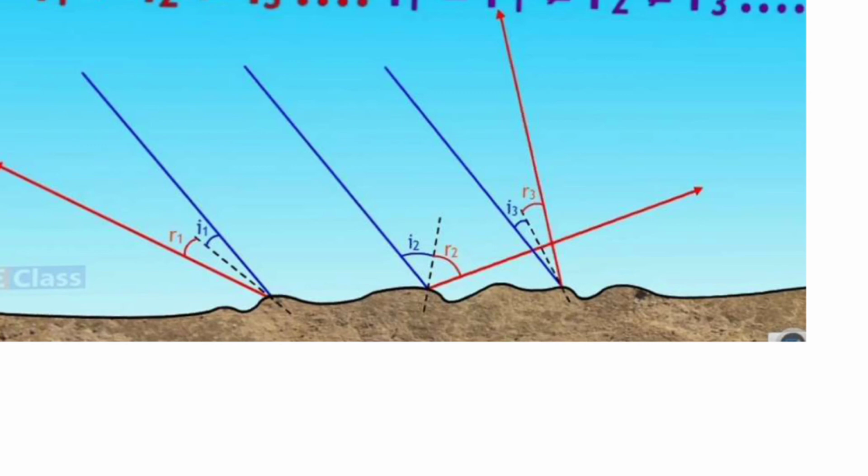So I1 is not equal to I2, is not equal to I3, but I1 is equal to R1, I2 is equal to R2. ये सब सेम ऐसे मैंने जो सर्कल किया वो सेम है. But R1 और R2 ये सेम नहीं है. I1 और I2 भी सेम नहीं है. I hope it is clear to you.